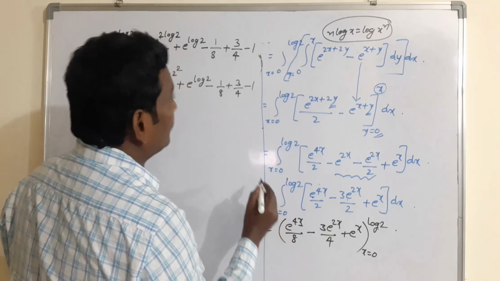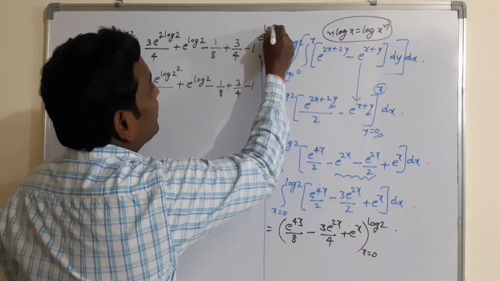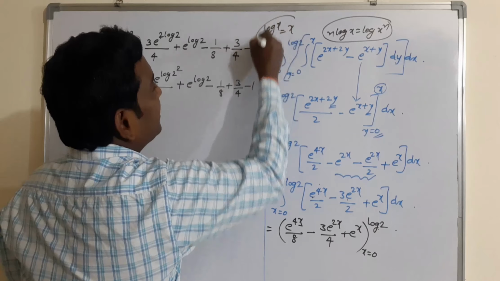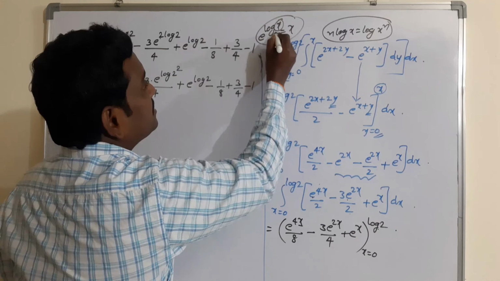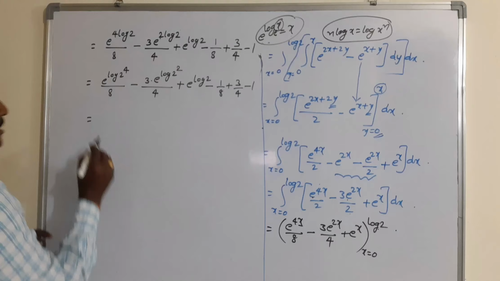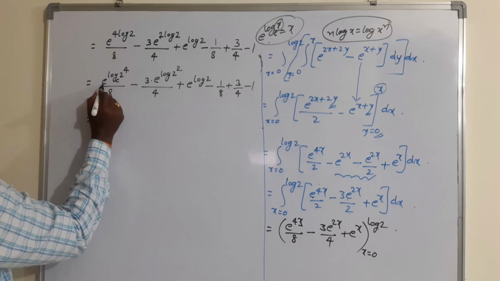Also we have another formula, which is e power log x. What is e power log x? x only. Since base is e, here also base is e, that's why you will get 2 power 4.